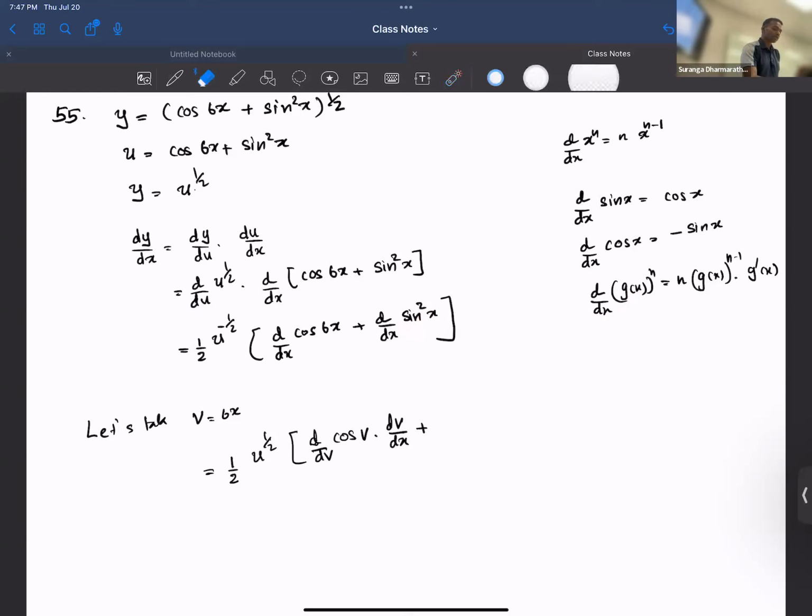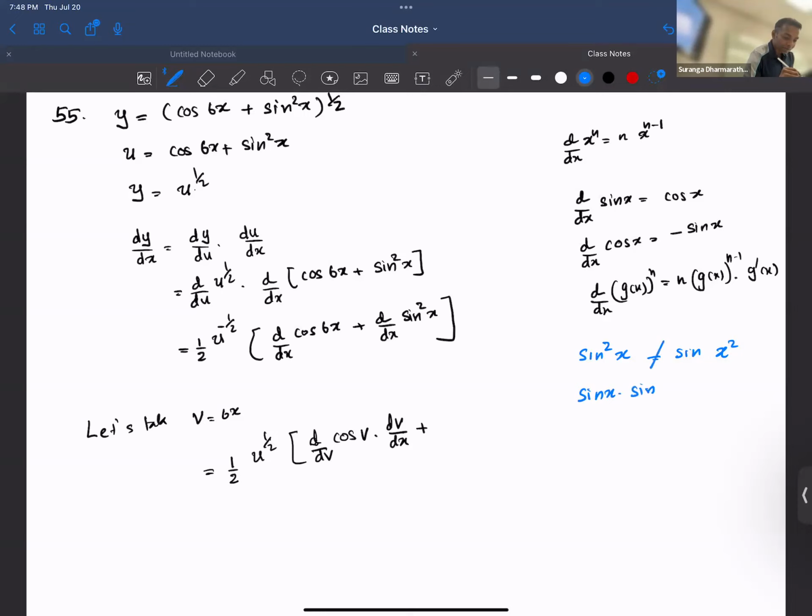So what is sine squared x? Let's get that one first, straight first. What is sine squared x? Is that equal to sine x squared? What is this one? Sine x times sine x.